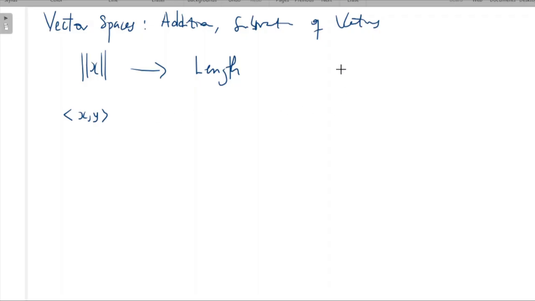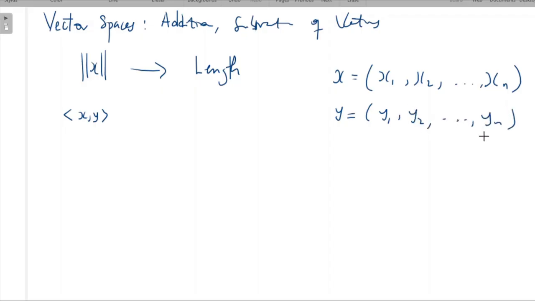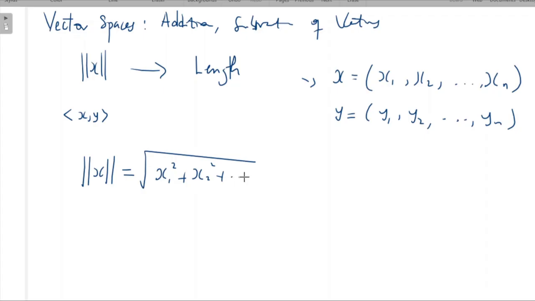Now, when you are considering a vector x, let me say x1, x2 to xn, and I'm considering another vector y, let's say y1, y2 to yn. The norm of this vector x is the square root of x1 squared plus x2 squared plus up to xn squared.